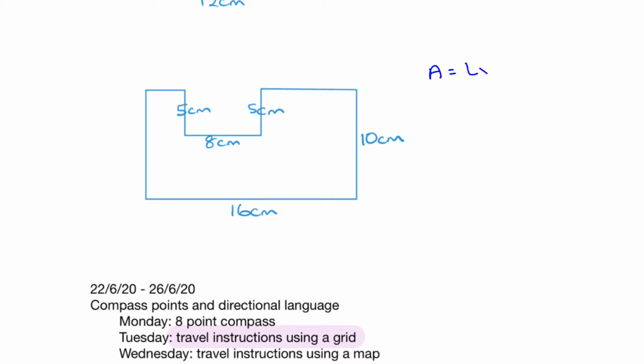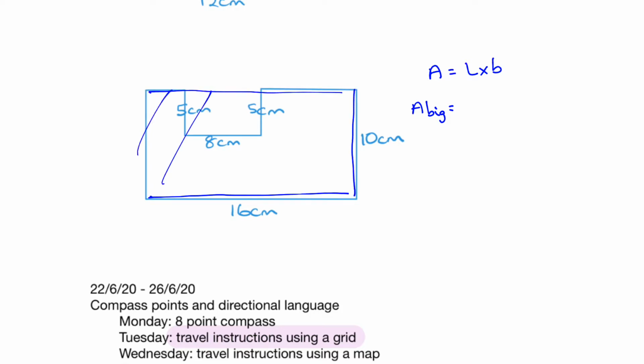Every time you're going to use a formula, you should write it down. And remember the way we've set this one out is we've written area of the big rectangle. So that's length times breadth, and that'll give us that area there. Okay, so that's going to be 16 times 10. So that's 160, isn't it?